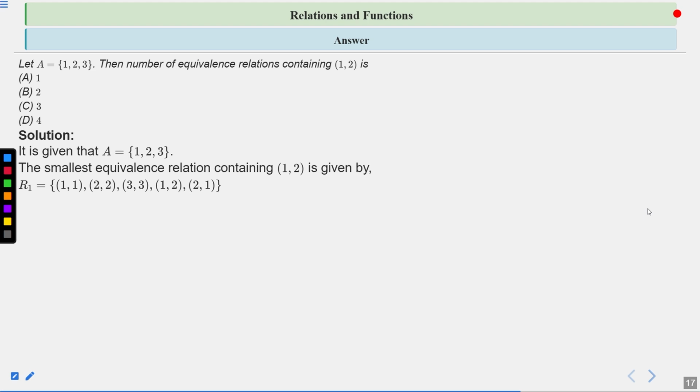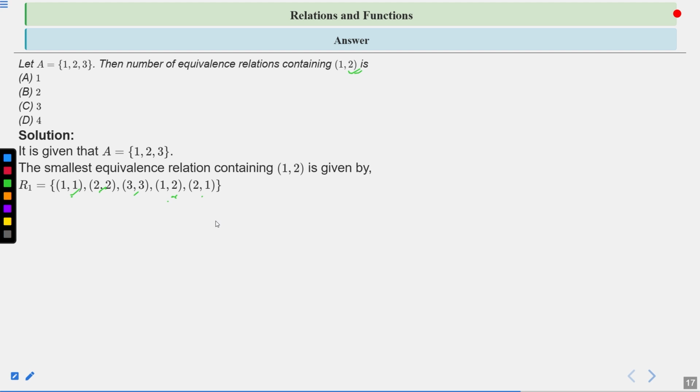So suppose we make a relation R1, the smallest relation: 1 1, 2 2, 3 3. Now 1 2 must be present, so 2 1 should be present. The relation 1 1, 2 2, 3 3, 1 2, 2 1 is reflexive because 1 1, 2 2, 3 3 are there. Is it symmetric? Yes, if 1 2 is there, then 2 1 is there.